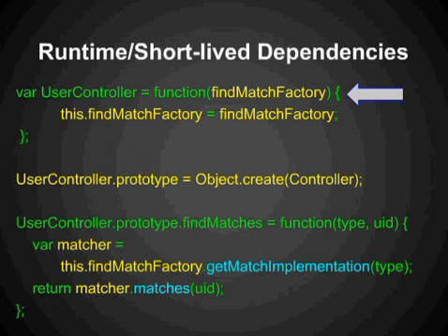So now let's look at how we actually use one of these monsters. So here's my user controller constructor. Instead of passing in the find match dependency, since I don't know what that dependency is, I pass in the abstract factory instead. The abstract factory, I can create at composition root or at application start time or at request start time.